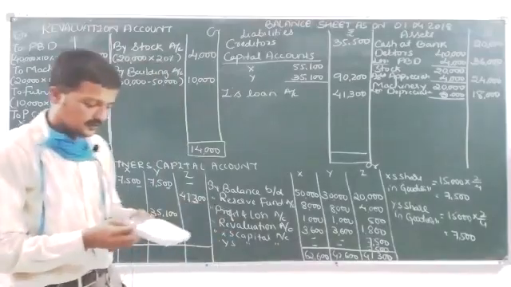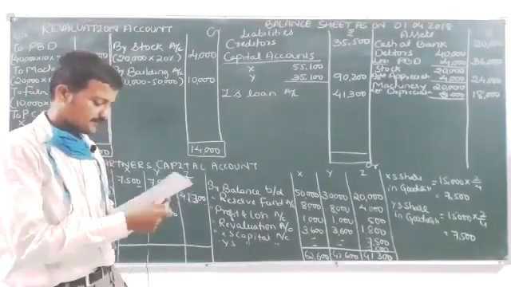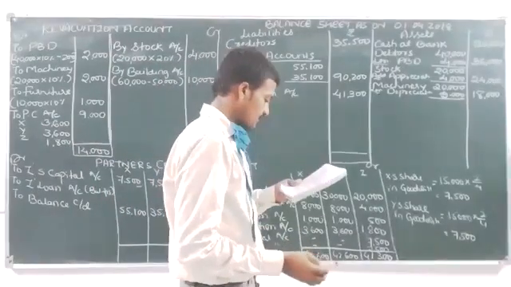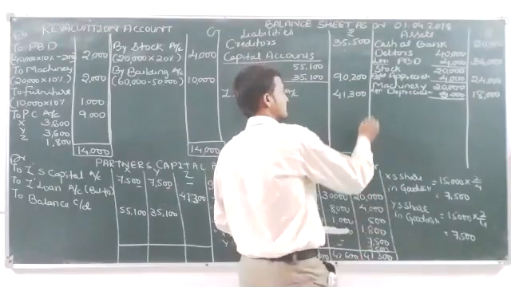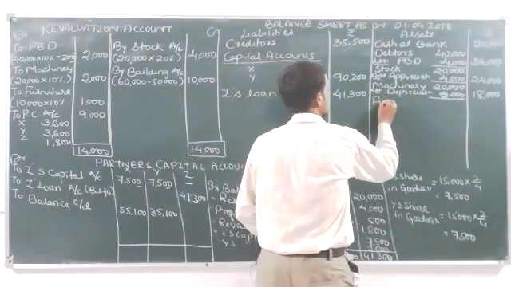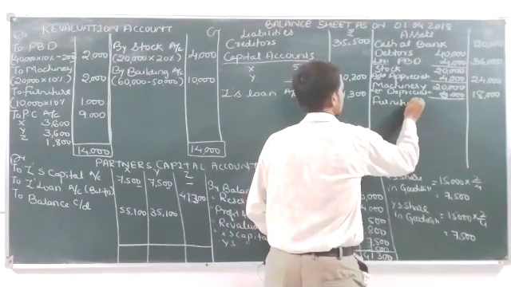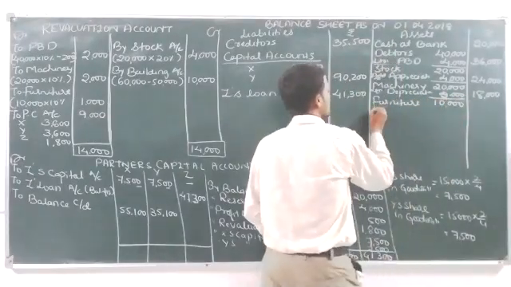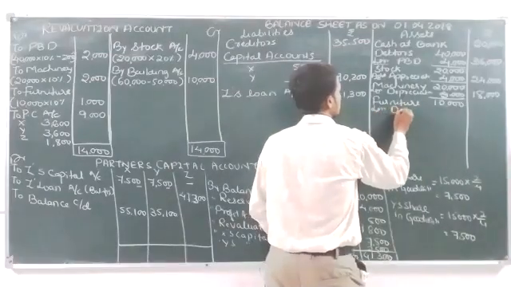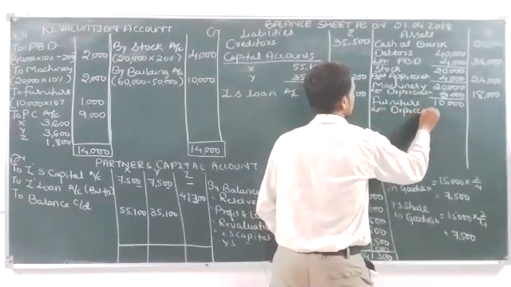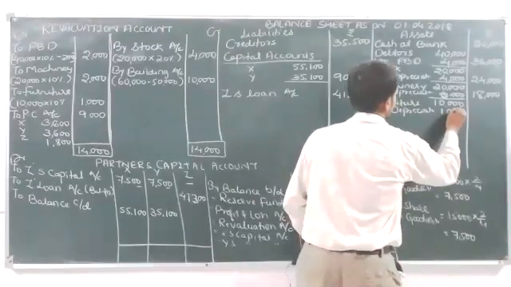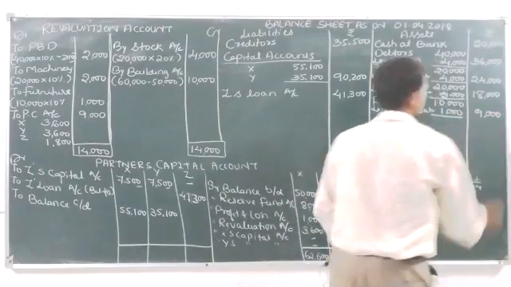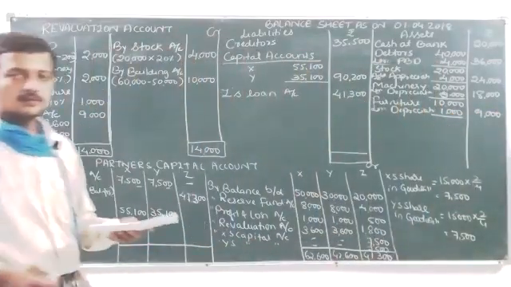Next is furniture. $10,000 less depreciation 1,000. Outer column 9,000.